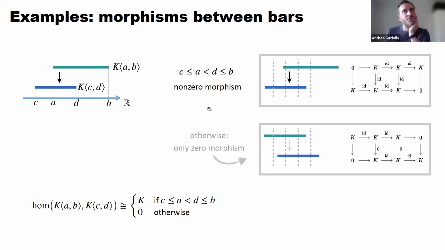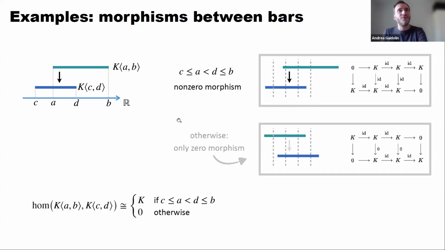We can have a non-zero morphism between bars exactly when the endpoints of the bars are in this order. And this can be seen, for example, by discretizing the parameter space and observing that a certain diagram commutes. So we do have a non-zero morphism in this case.